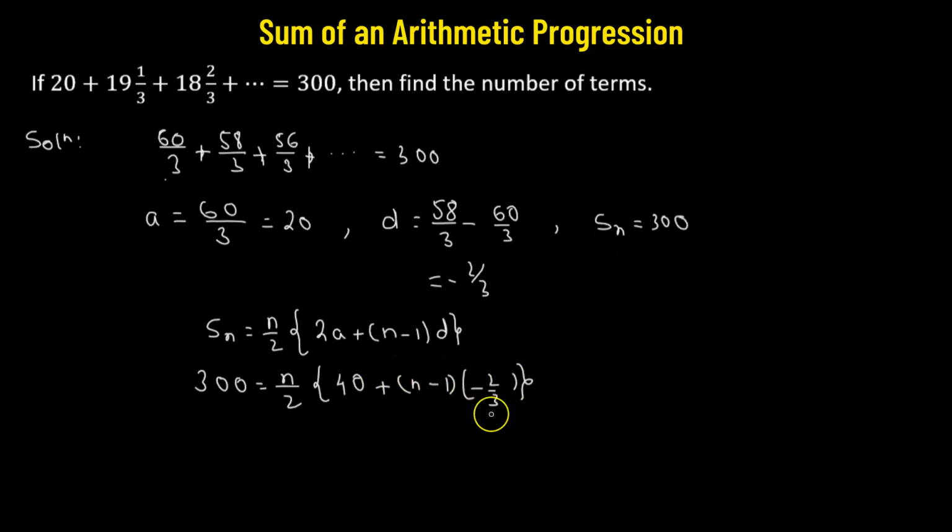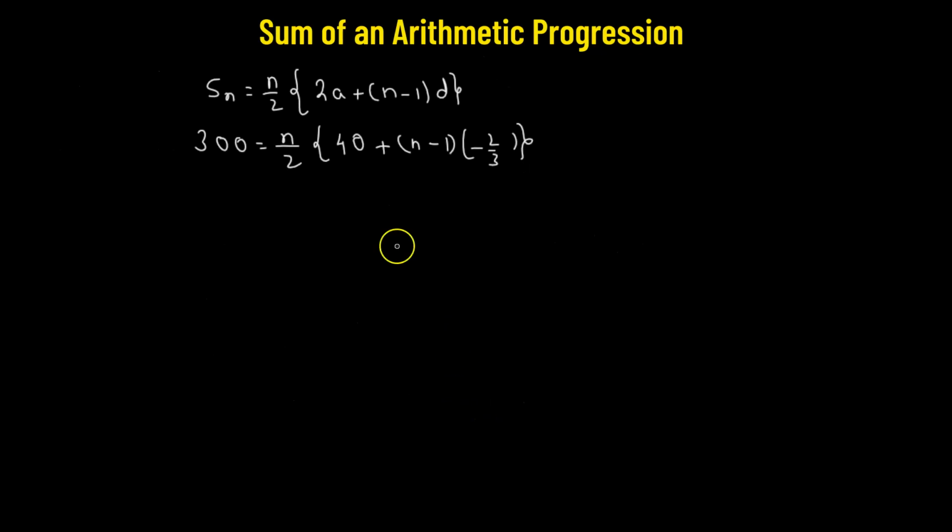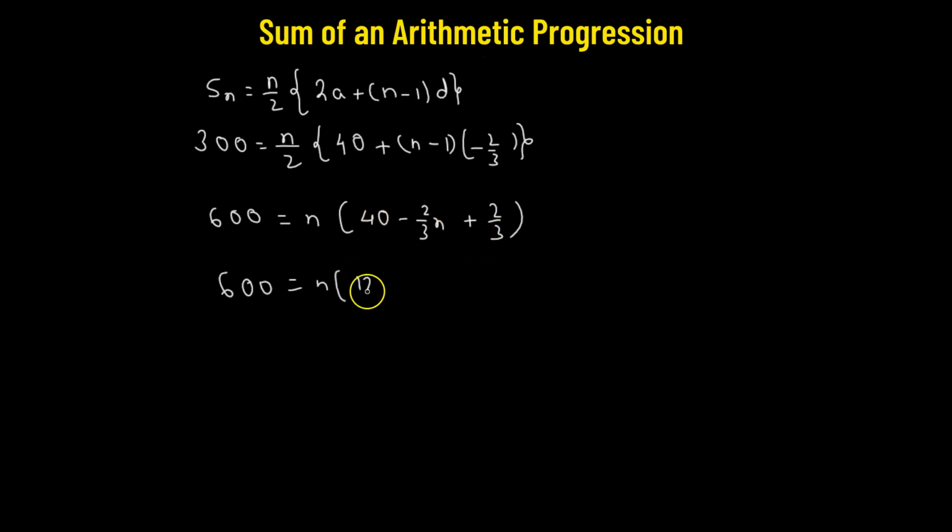So let's solve this. This is going to give us an equation in n. So we have 300 multiplied by 2, so this is going to be 600, which equals n multiplied by 40 minus 2/3 of n plus 2/3. So this is giving us 600 equals n multiplied by 40 plus 2/3. So 40 times 3 is 120, so we have 122 over 3 minus 2/3 multiplied by n.